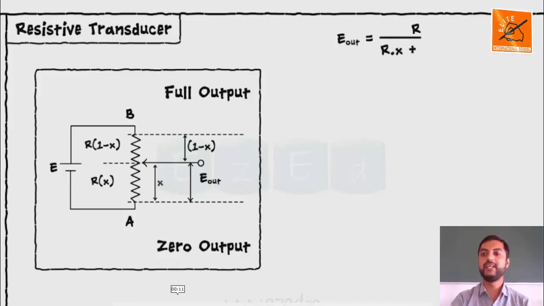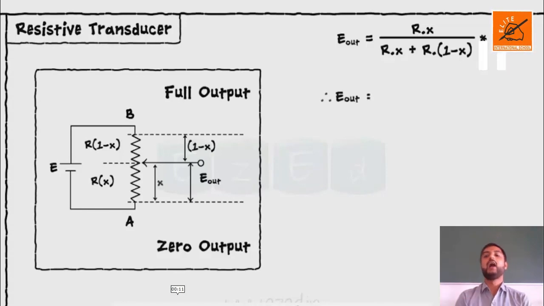E out will be R of X divided by R into X plus R into 1 minus X, into E. Now, how the voltage divider rule is applied: output voltage will be equal to the applied voltage into the branch across which you want to find the output voltage, divided by the whole resistance of that branch.